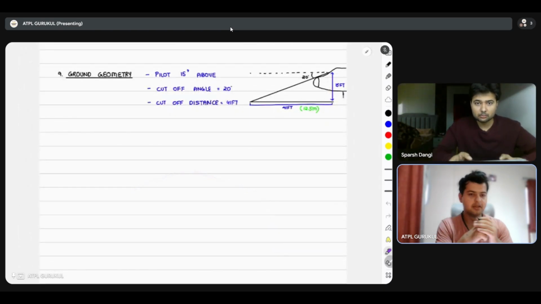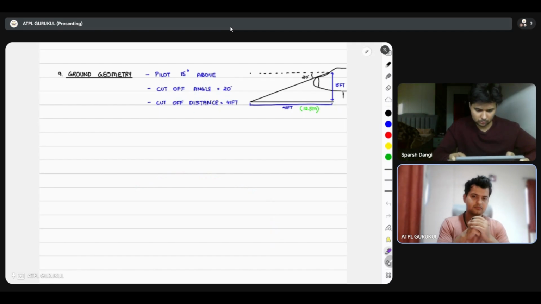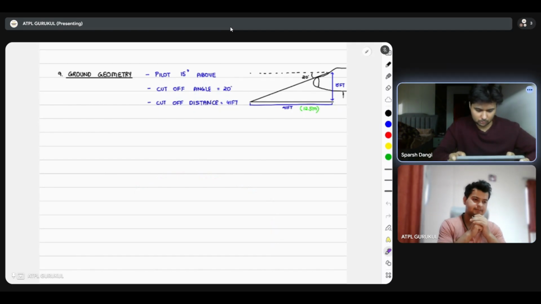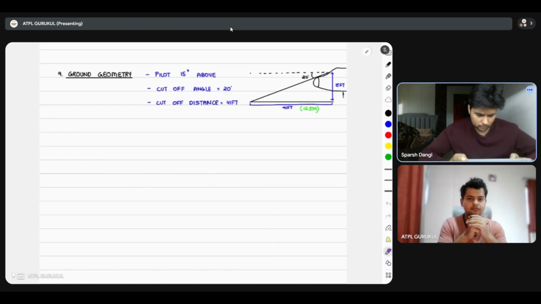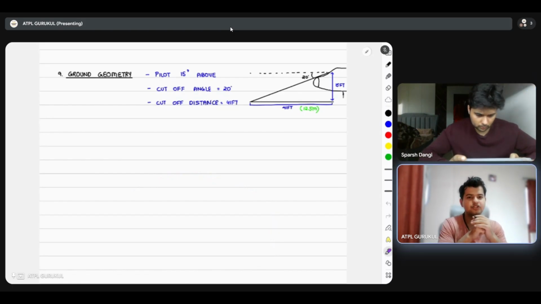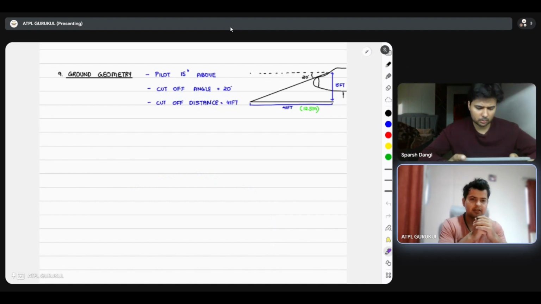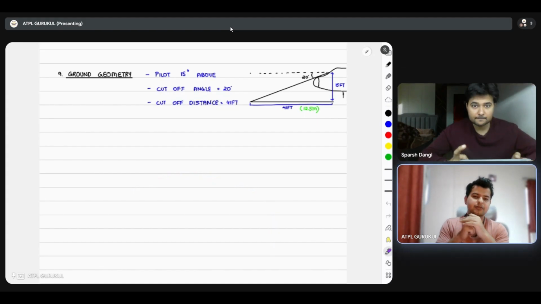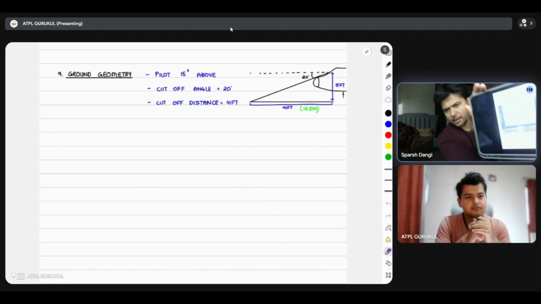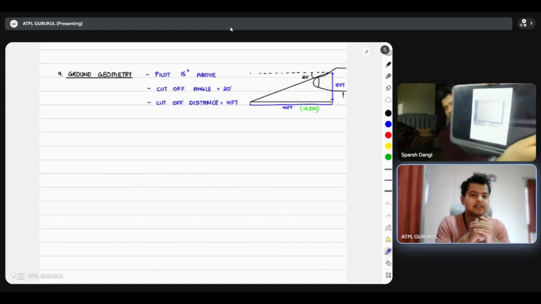There is a diagram called landing geometry or tail clearance. Ground clearance diagram is coming. Show me, let me see if you have the same chart which I'm referring to. Yes, yes, exactly that graph.